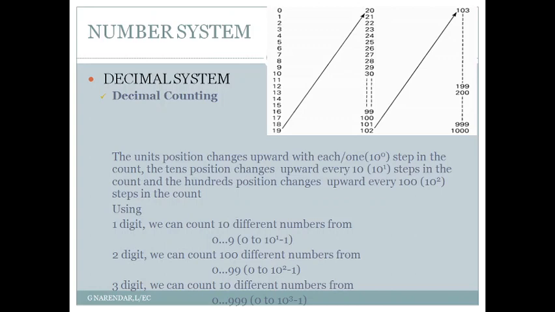So the first 10 counts will be the first 10 digits from 0 to 9, and the next 100 counts are formed by using 00 to 99, and for 1000 counts we can count the numbers from 000 to 999.